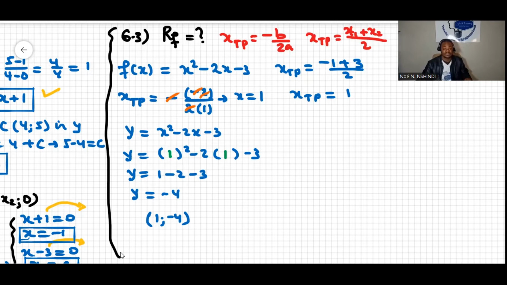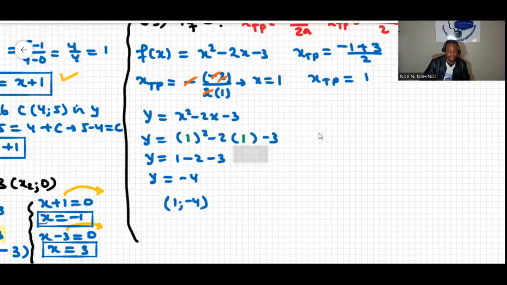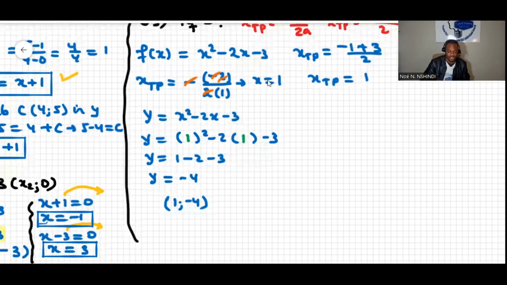Okay, the range is all the acceptable y values. So once you find that x equal to 1, we sub 1 over here, and then we get the y value, which is -4.